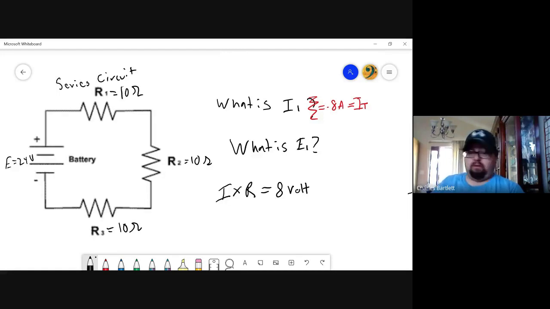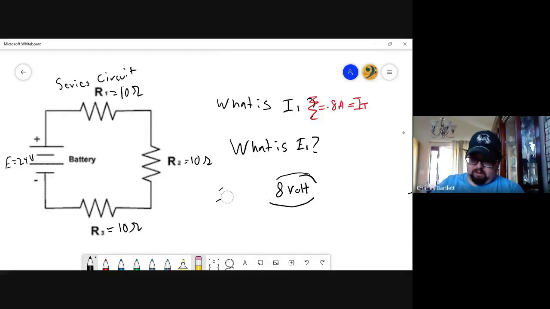So now to tie it all together, volts in a series circuit, just like resistance, because they are directly proportional to each other, add up as well. Let's back up.